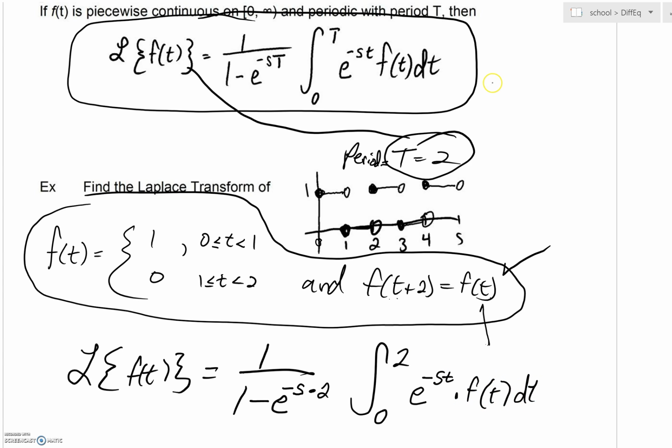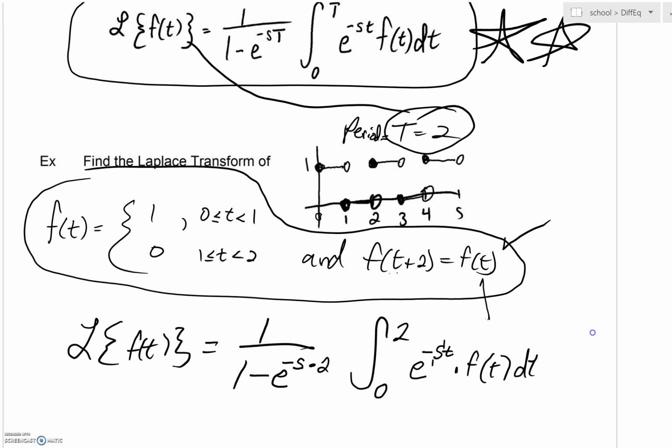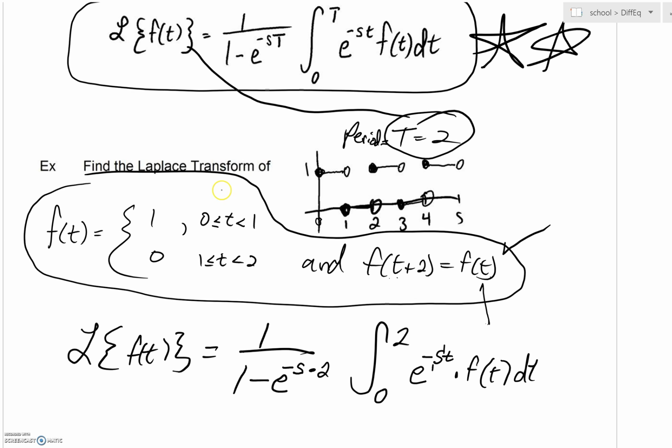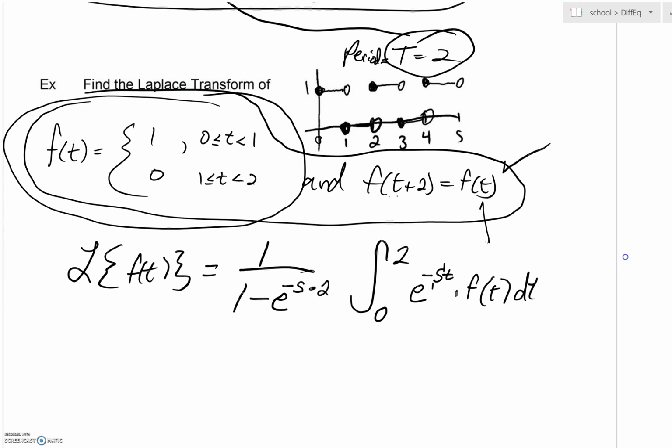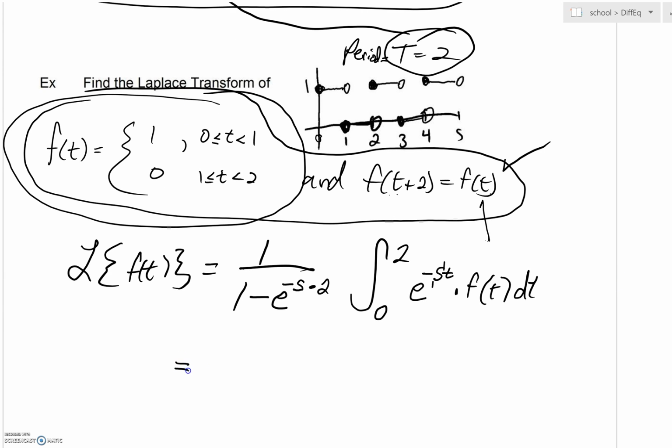What am I doing? I'm just copying down what we're seeing in this star pattern at the top of the screen. Obviously, your function between 0 and 2 has 2 separate definitions. So out in front, we have 1 minus e to the negative 2s.